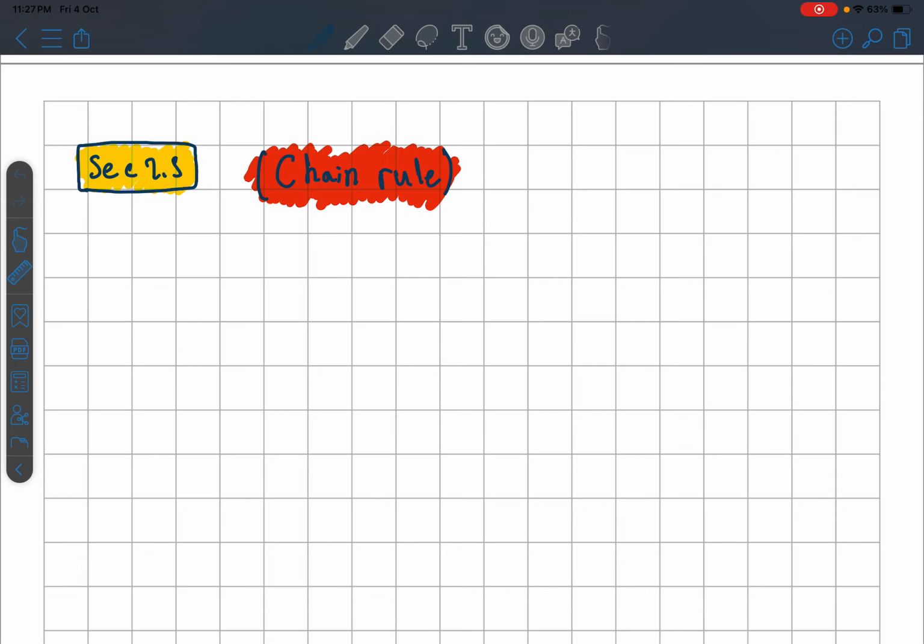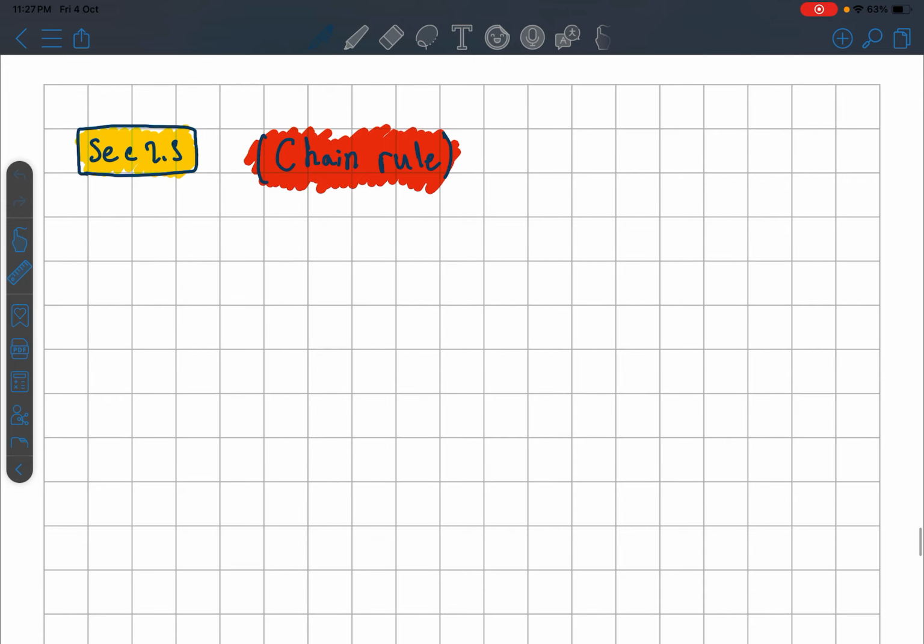So let's start it. The composition of f(x) and g(x) is f of g(x).